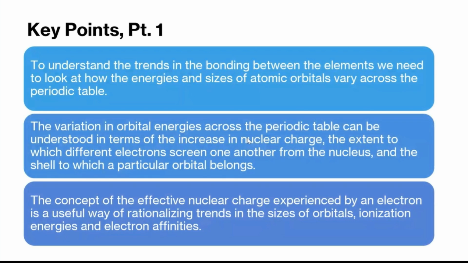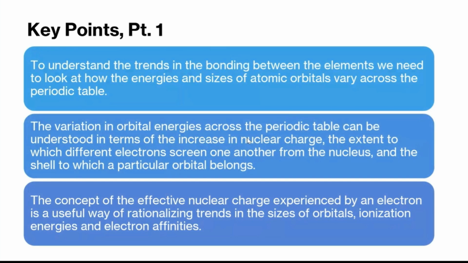The first key point that I want you to know is that the energies and sizes of atomic orbitals vary across the periodic table. If you understand the sizes and the energies of these atomic orbitals, you can rationalize why bonding in the elements is the way that it is. This will also be useful for the next chapter.